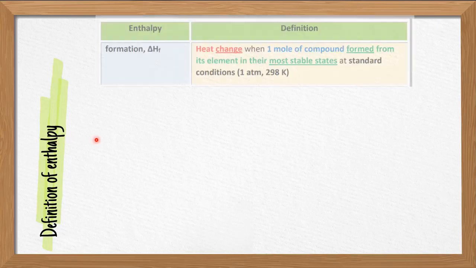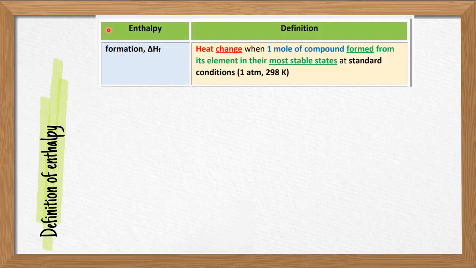First of all, we have the enthalpy of formation, using the symbol delta H with a subscript f. This enthalpy of formation refers to the heat change when 1 mole of compound is formed from its elements in their most stable state at standard conditions, 1 atm and 298 Kelvin.